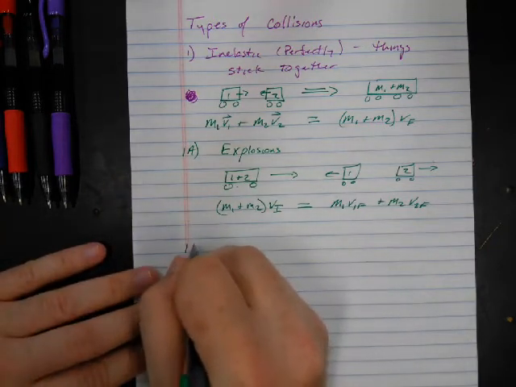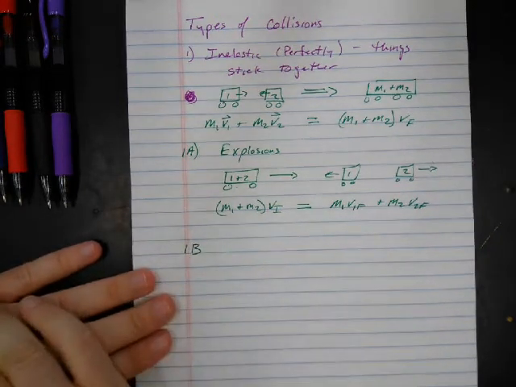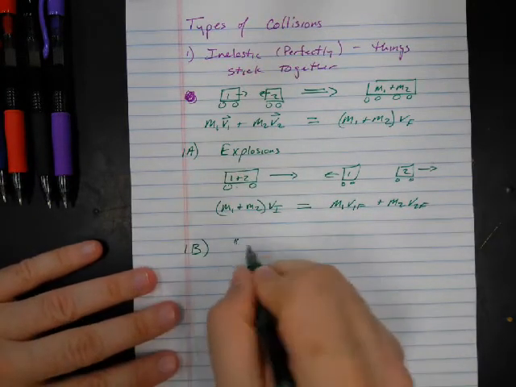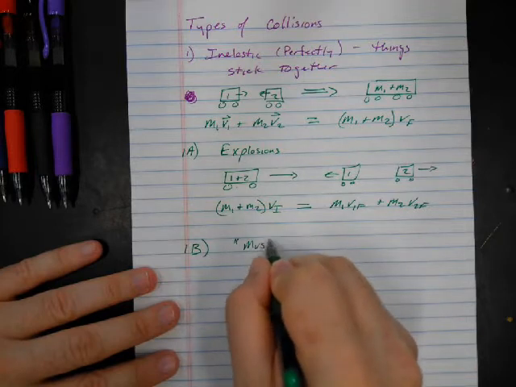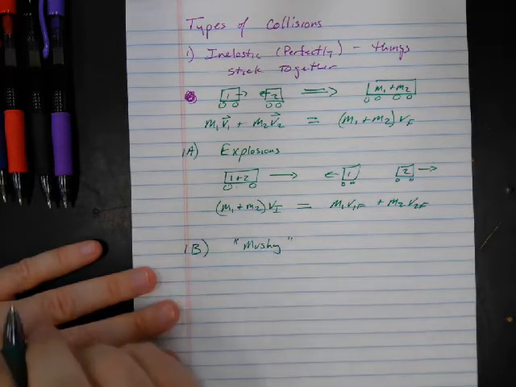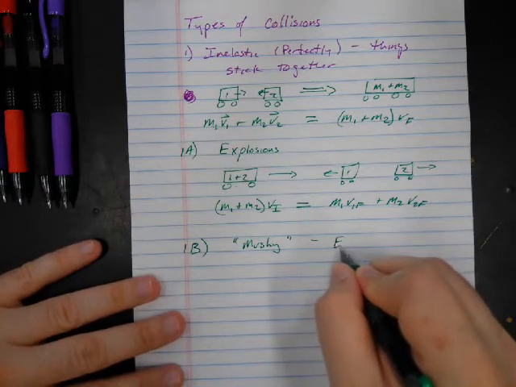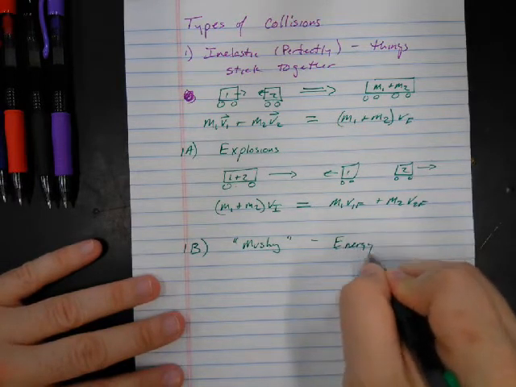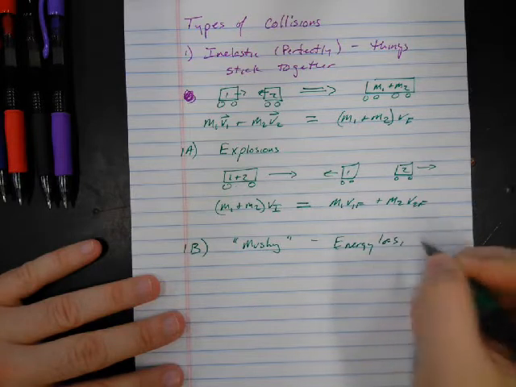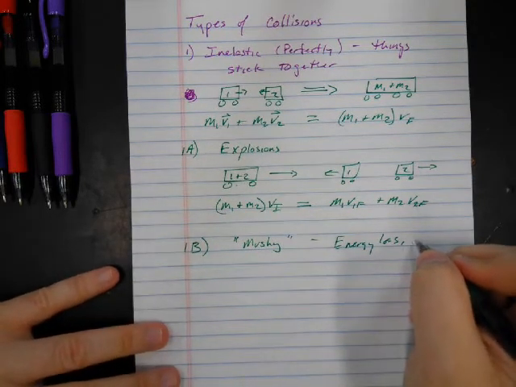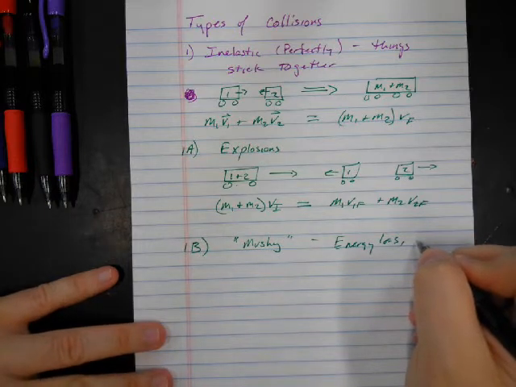Now I'll put in 1B here as a third type. Maybe I should have done it 1, 2, 3, 4. And I'll call these mushy, which means energy loss and momentum's conserved, but things don't stick together.